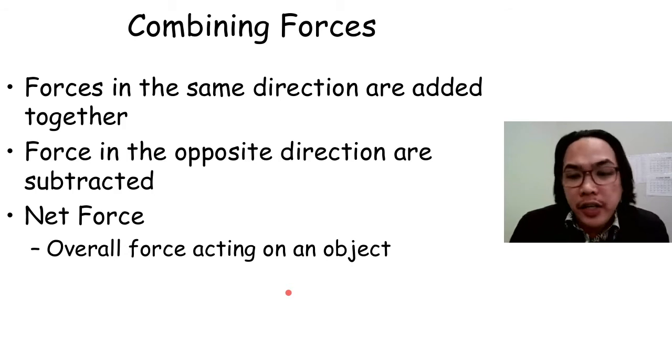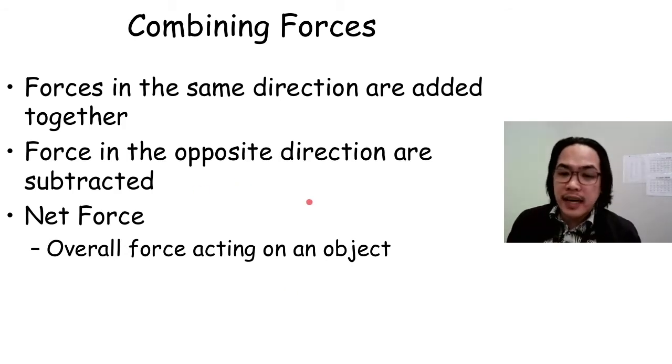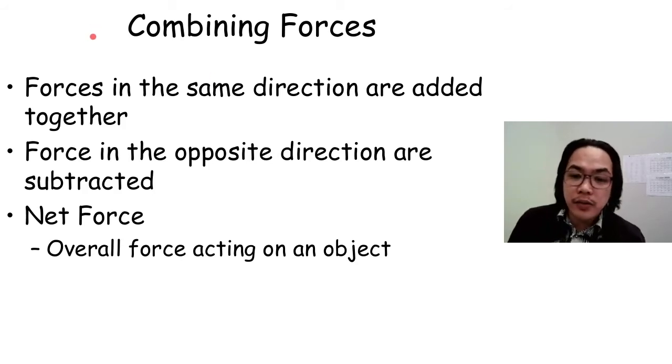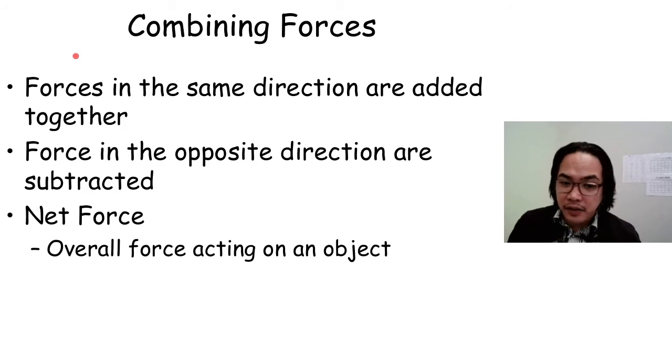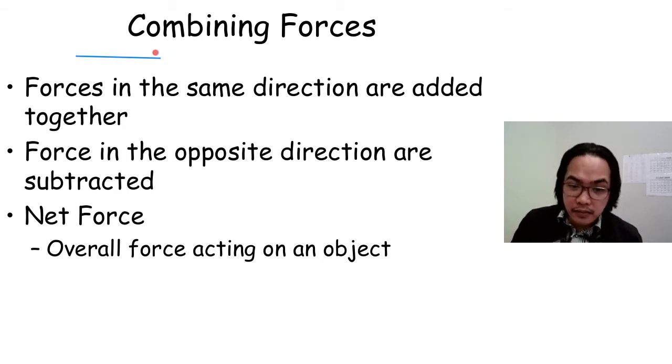In the video earlier, it was mentioned that force is a vector quantity, meaning it has a magnitude and direction, and force is usually represented by an arrow. The length of the arrow represents the magnitude, or the amount of force present in an object, and the arrowhead represents direction.